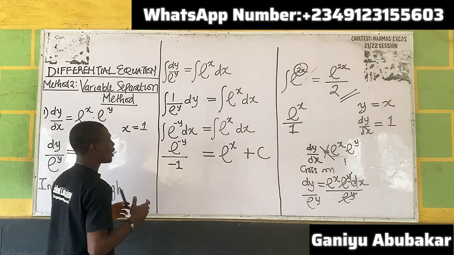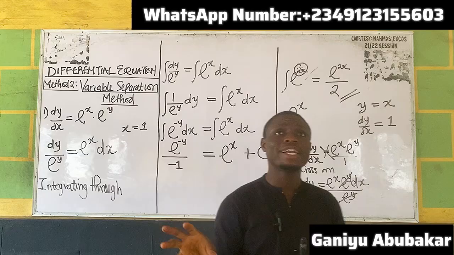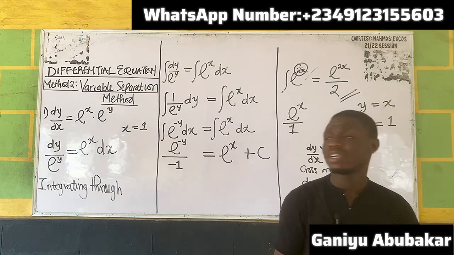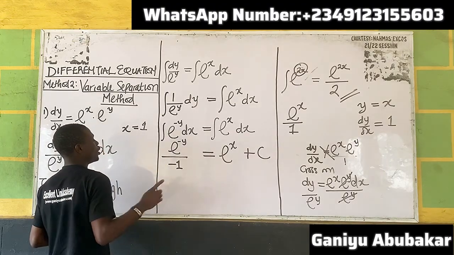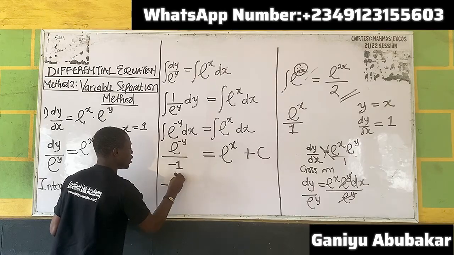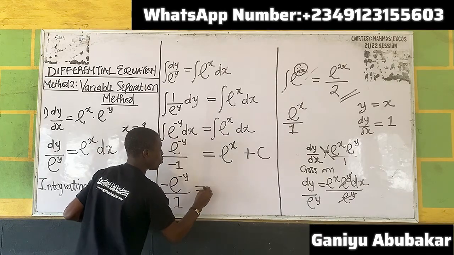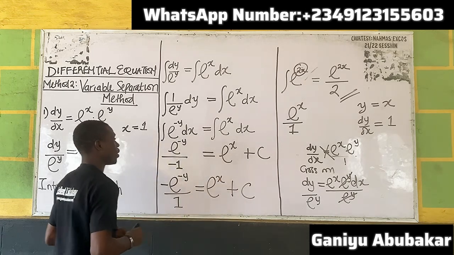From here, I want to make sure, because the task is to make y the subject, right? So from here, what do you do there? We know that this negative comes up here. That gives you negative exponential minus y all over 1 is equal to exponential x plus c. All right, we're here.